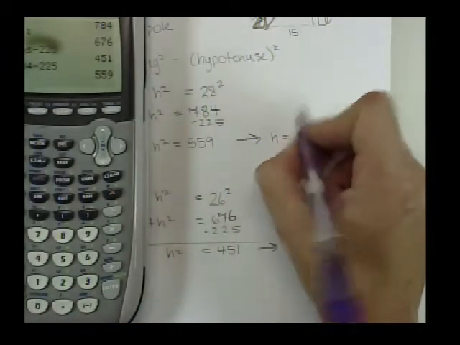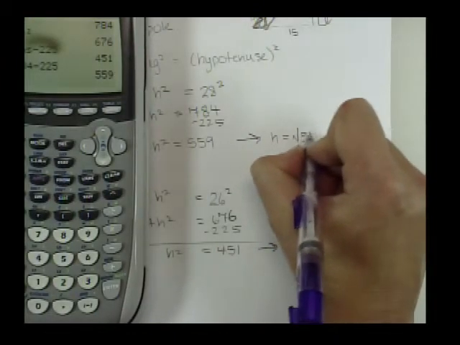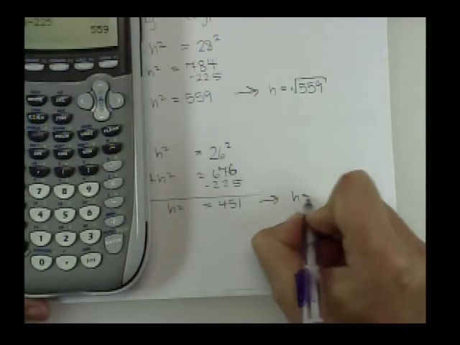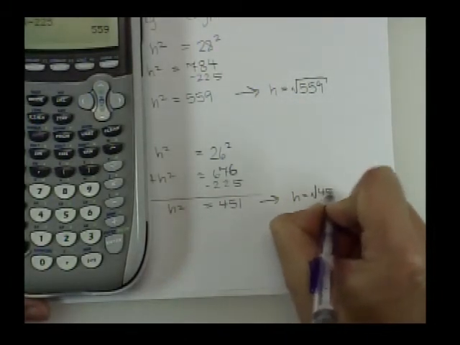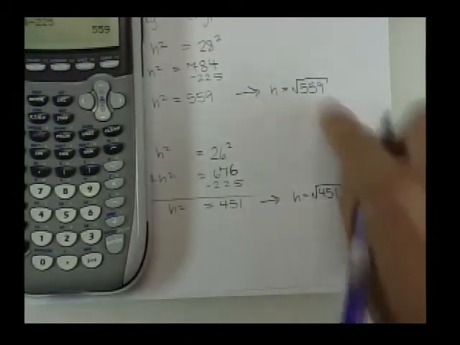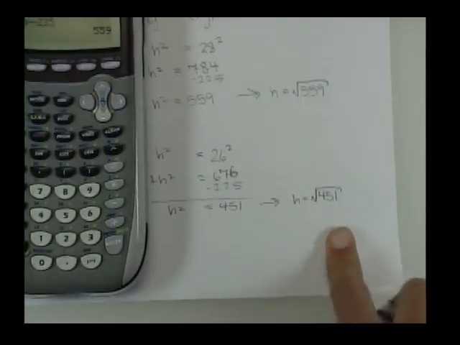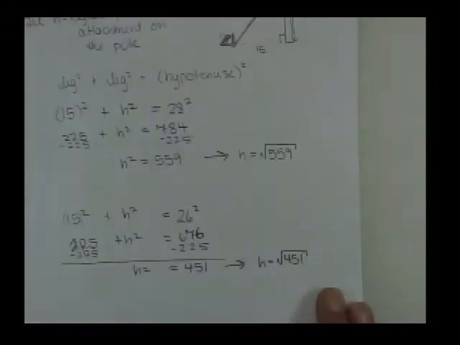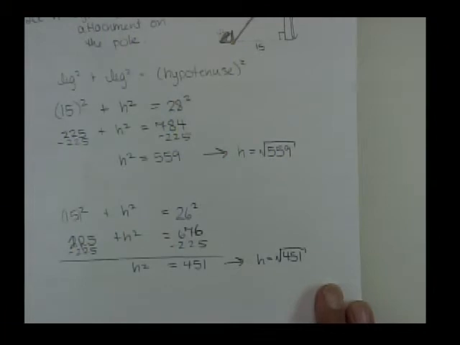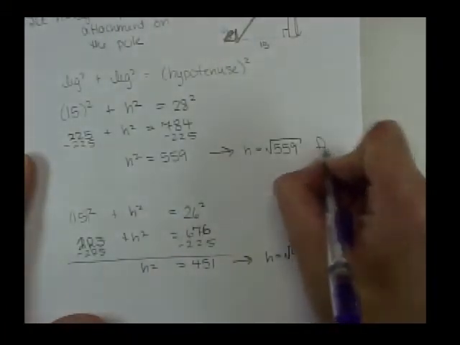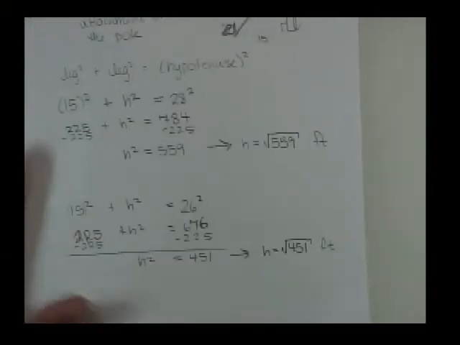So they say first find an exact answer and then approximate to 2 decimal places. Okay, now these would be exact answers. I'm not quite done because I need units on there. Square root of 559 what? Feet. The other thing you need to do is see if either of those simplify.